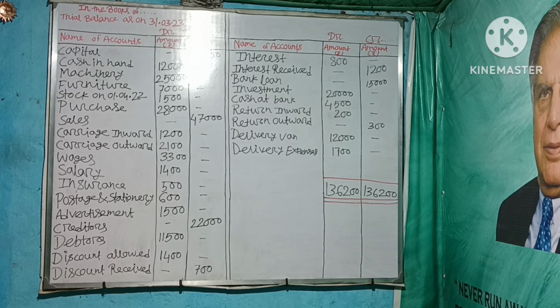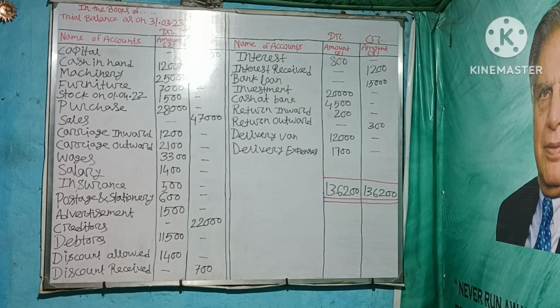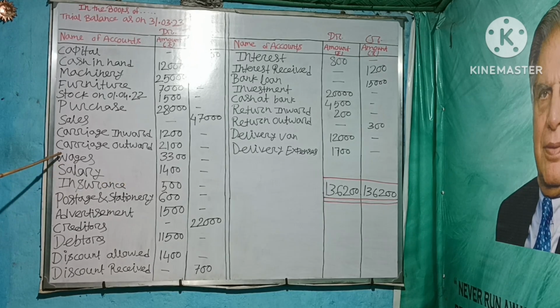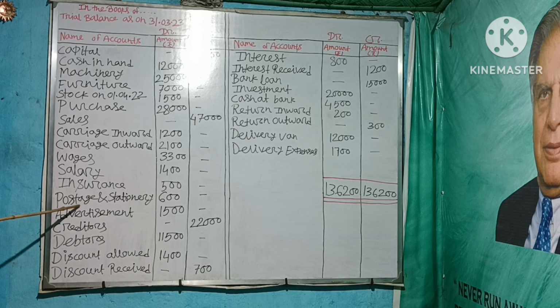If we pay carriage, that carriage we call carriage outward. This is also an expense, 2,100. Next, wages 3,300 expenses, salary 1,400 expenses, insurance 500 expenses, postage and stationery, postage stamps and stationery expenses like a pen, pencil, like that.